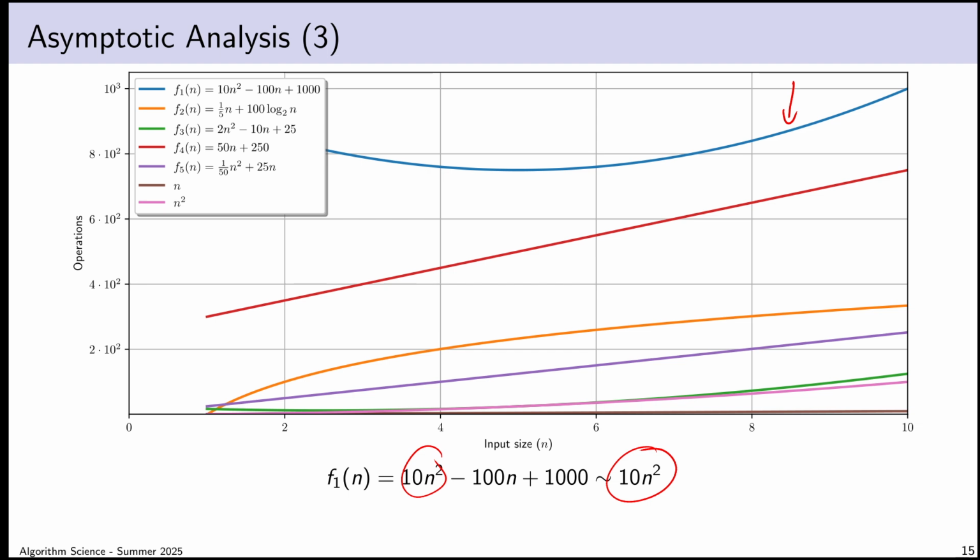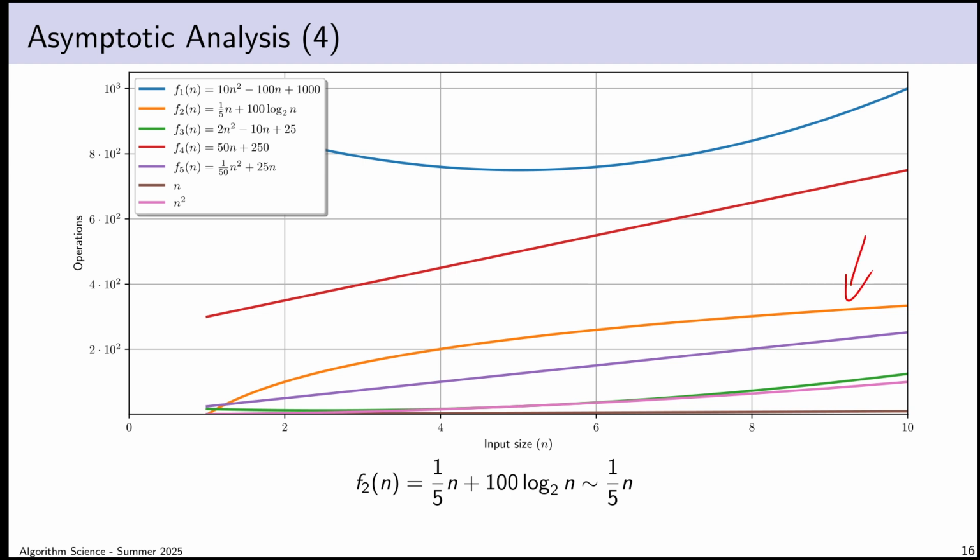That's the dominant term there. I've got f2 of n, that would be the orange line here, and the dominant term in it happens to be 1 over 5 times n. I've got f3 of n, that would be this green line here, so the one that ends right there, and it's asymptotically approaching 2 times n squared.